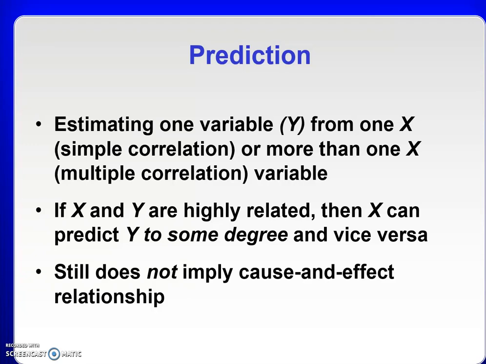And if I have more than one x variable, then I might use a multiple correlation. Again, being able to estimate the y based on, in this case, a number of x variables. So if x and y are highly related, then x can predict y to some degree, and vice versa. But again, let me remind you that this does not imply a cause-effect relationship. It just implies that there is a relationship. We're not sure what is causing it.